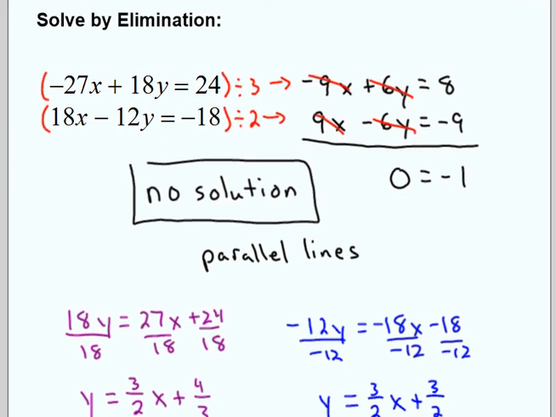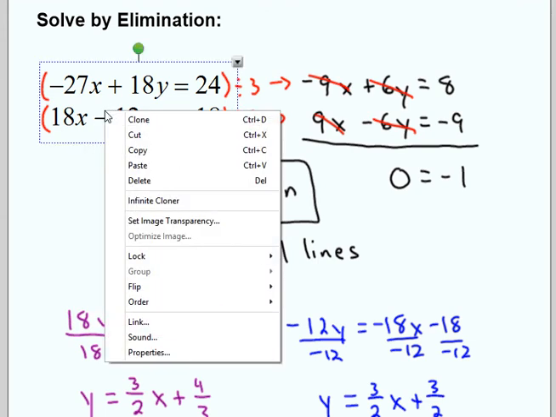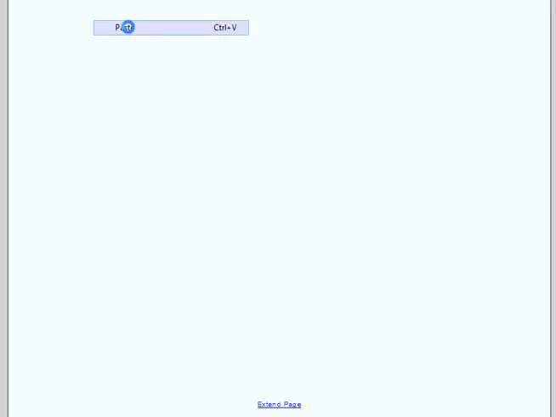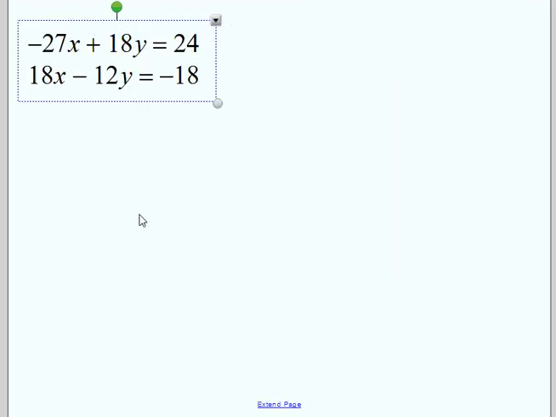And again, you guys, just to illustrate here, if I didn't do this by dividing by numbers, I could have always solved this by elimination by looking at this and thinking to myself, hey, the y's have a positive 18y and a negative 12y.